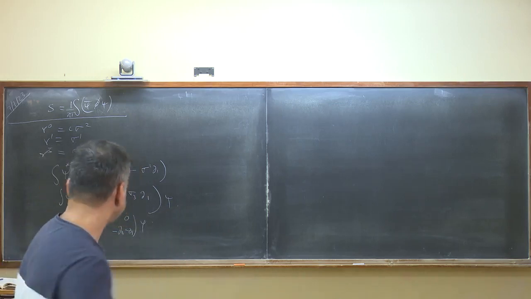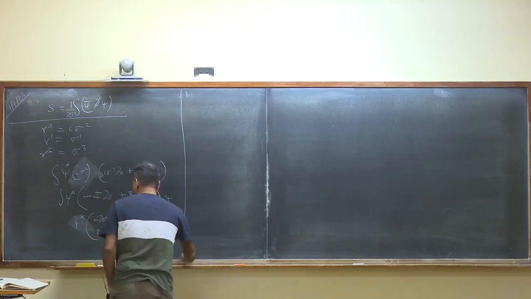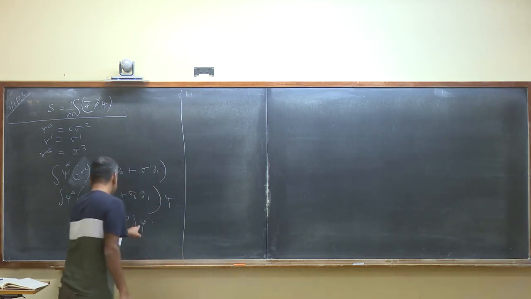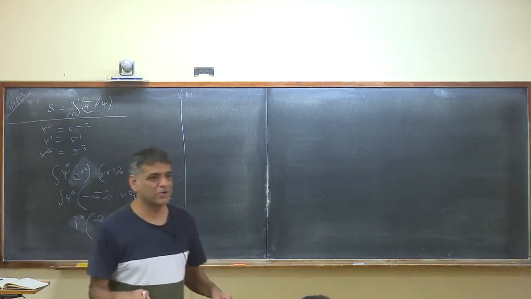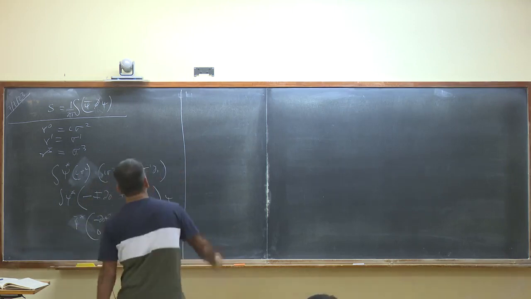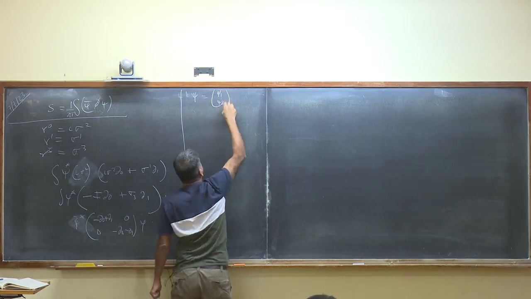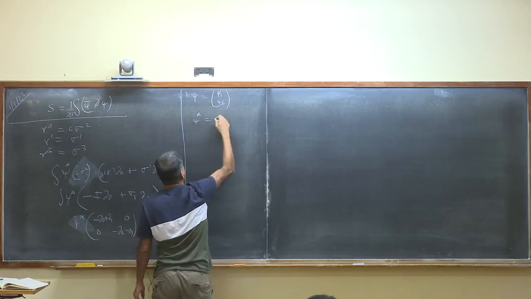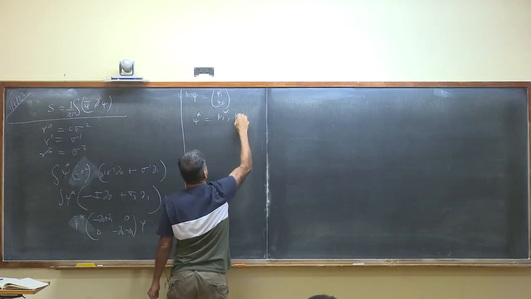So let's write out this psi star as a 2 cross 2 column. So let's write psi equal to psi 1, psi 2, and psi star equal to psi 1 star, psi 2 star.